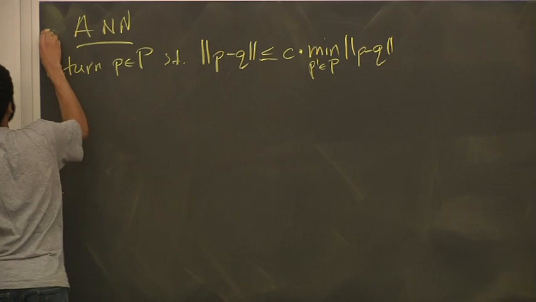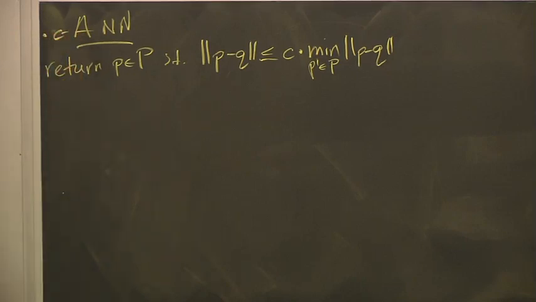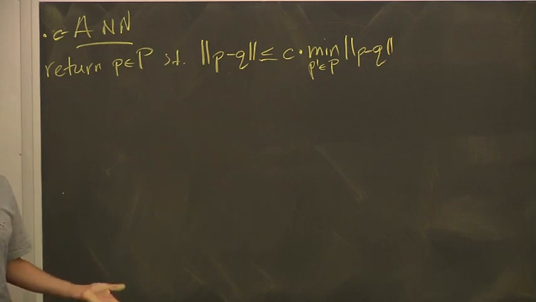Think of C as potentially 1 plus epsilon, but it could be some other constant as well. I'm willing to have someone who's within a factor 2 of the distance of the actual nearest neighbor.